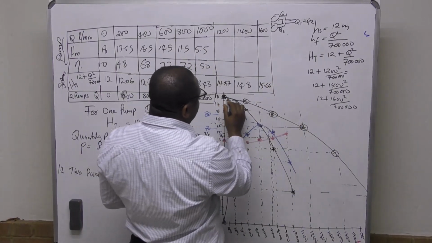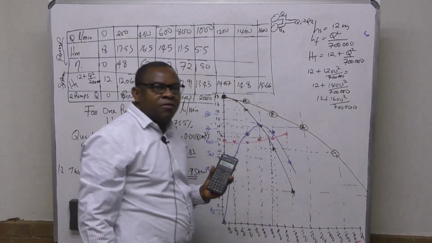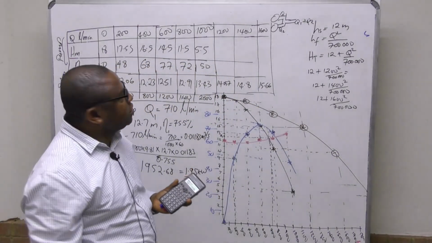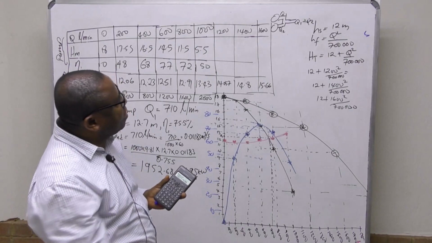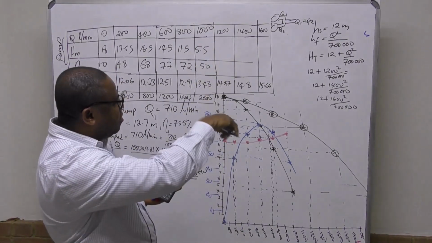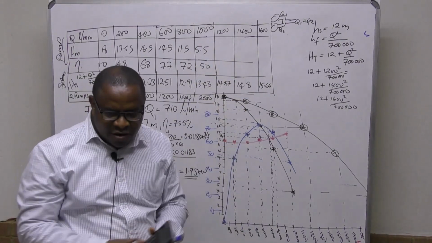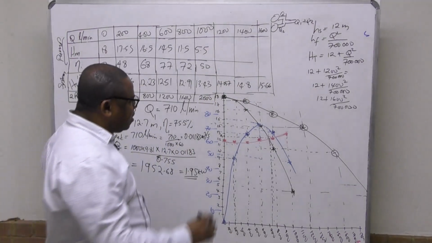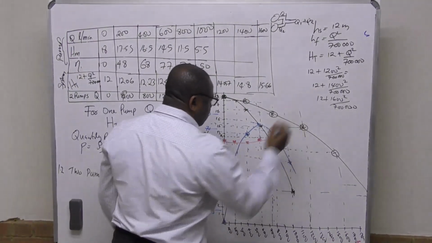But because I'm going to add even a third pump, it can even get up to 1,800. But let's see what the characteristics are. I want to see where it will go.